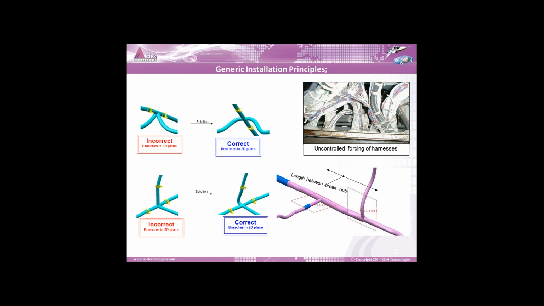This is the solution. Don't keep it at junctions, and provide a larger number of supports and connectors. There should not be an uncontrolled force on the harness, so position all your cables in the right positions. Ensure that it is positioned in a 2D plane and 2D branch, and that it is not interfering with other components at any point of time.